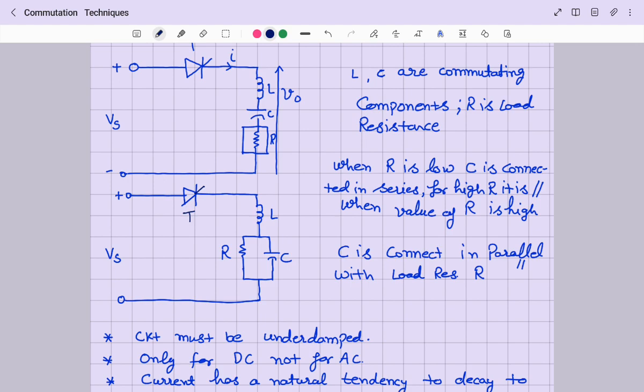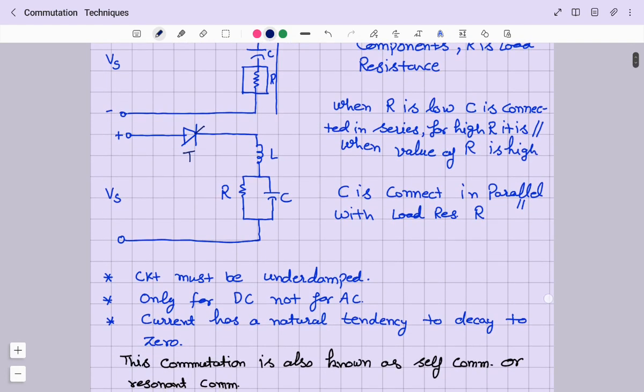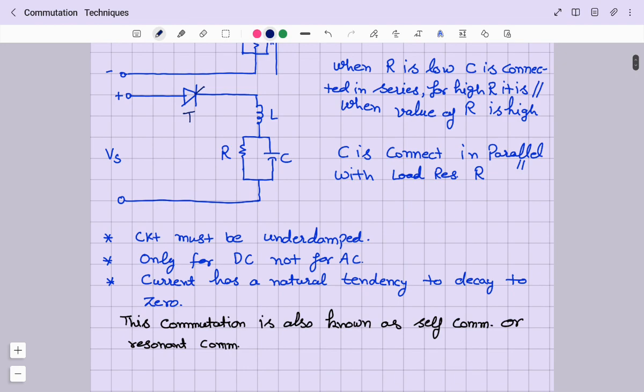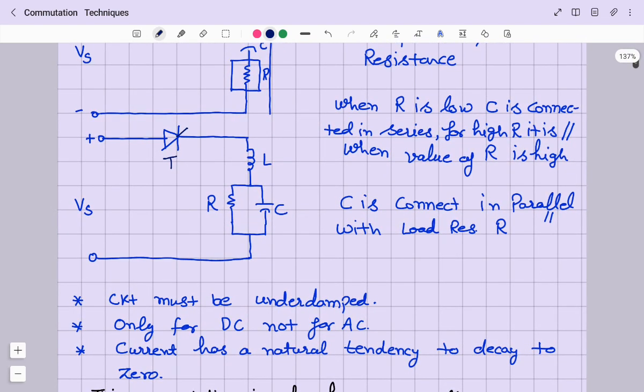And only for DC this load commutation is used, not for AC, because in case of AC there is a resonant current, meaning the nature of current is oscillatory, right? So as the supply is DC, the current has the tendency to decay to zero by its natural behavior, right?